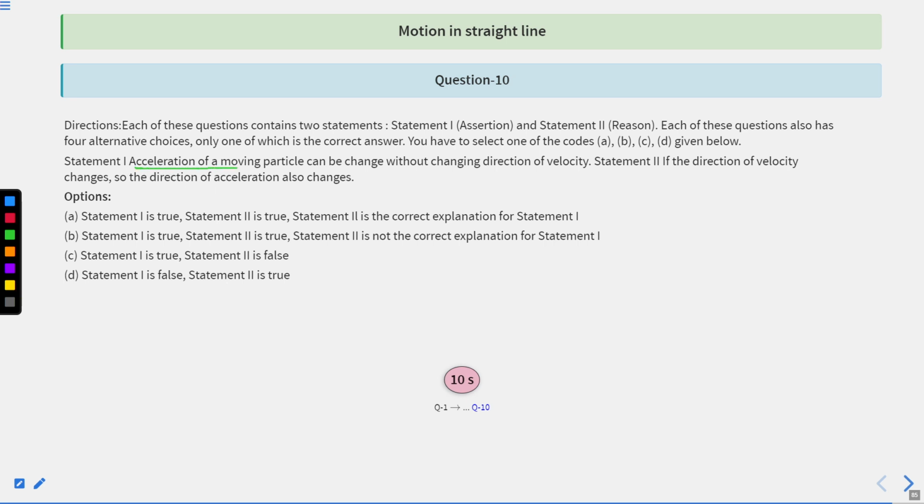Statement first: the acceleration of a moving particle can be changed without changing the direction of velocity. Statement 2: if the direction of velocity changes, the direction of acceleration also changes. Which option is correct? Option A: statement first is true, statement 2 is true and is the correct explanation for statement first.